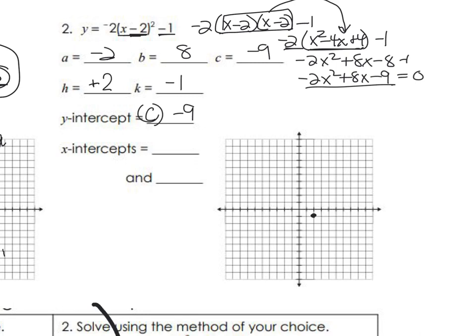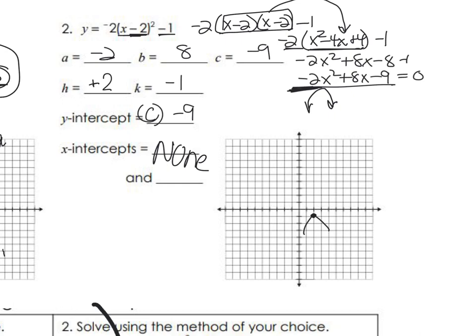Is it going to be going up or down? Well, I got that negative. Leading coefficient's negative, so that means my graph's going to be going down. If it's going down, y'all, is there going to be any solutions, any x-intercepts? There's none, is there?